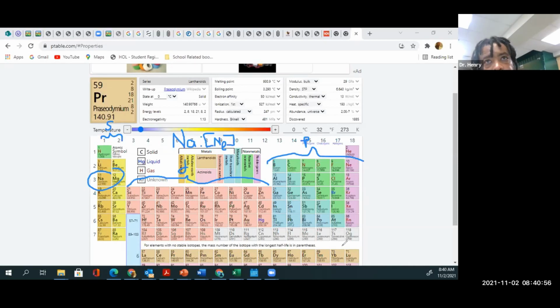And this down here would be the f orbital. Or sorry, subshells. This here actually is just a placeholder for that, where the f would fit into the d shell.